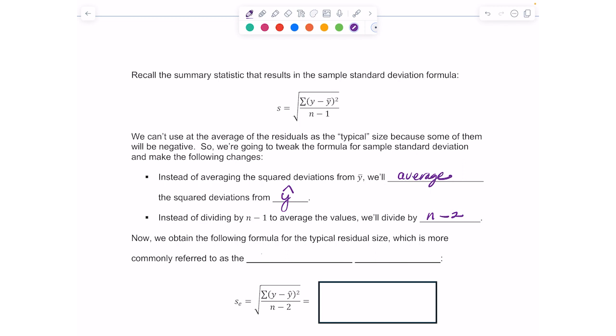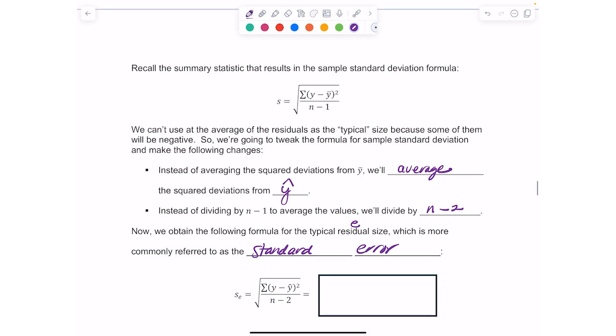Now we obtain the following formula for the typical residual size, and we more commonly refer to that as the standard error. Since we're dealing with residual, remember residual is E for error.